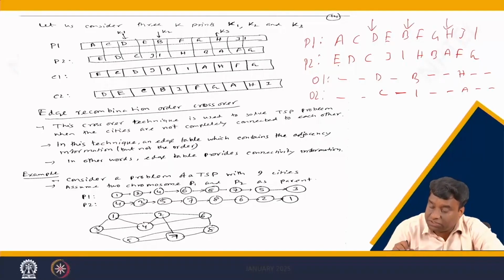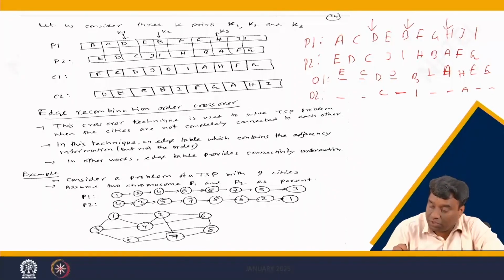First see E, so we write E. Then C. D is already there. Then J, then I. H is already there, B is already there, so we write A. Now we write F and G.